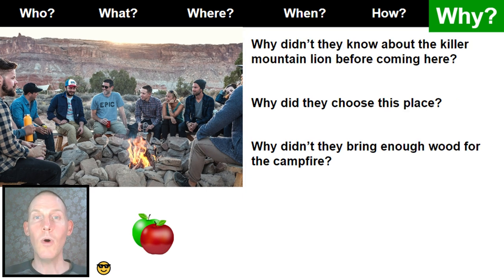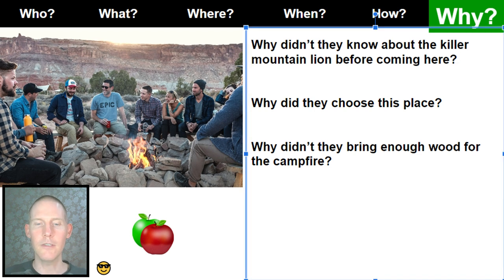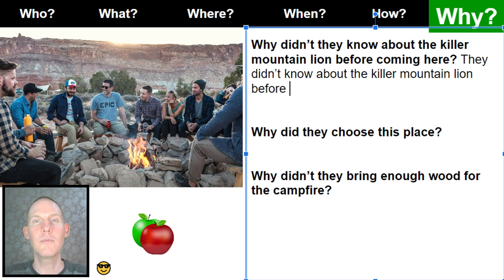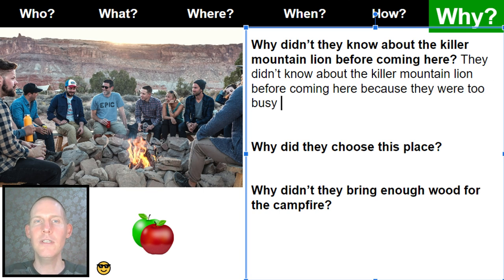Here we go. Why didn't they know about the killer mountain lion before coming here? Right? The full, complete answer, kind of boring answer, but important, is they didn't know about the killer mountain lion before coming here because they were too busy eating candy corn.